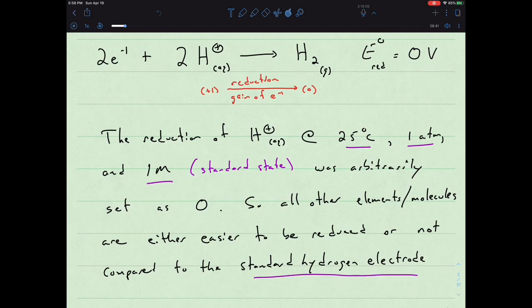It's just a way of relating molecules and elements and their reduction potential, really the ability to accept electrons.